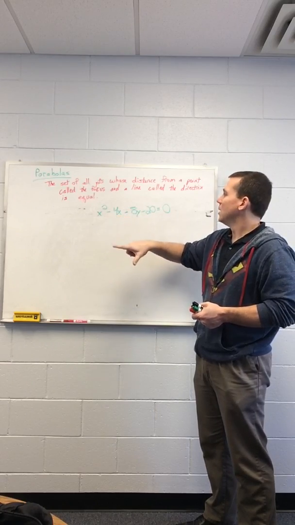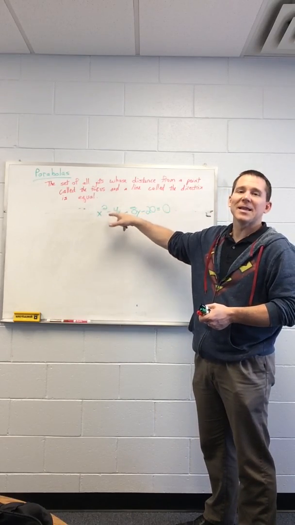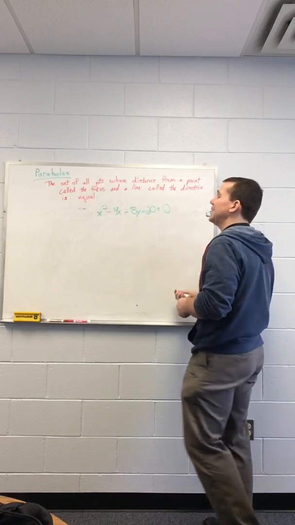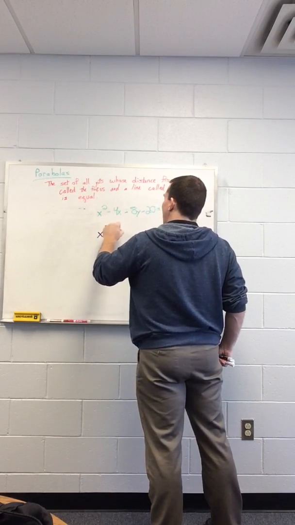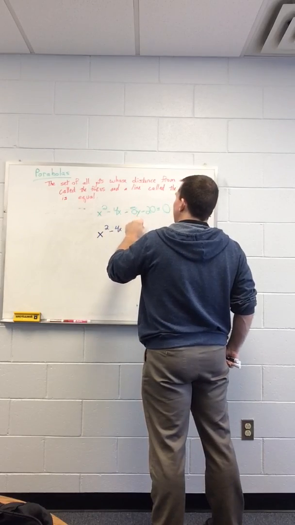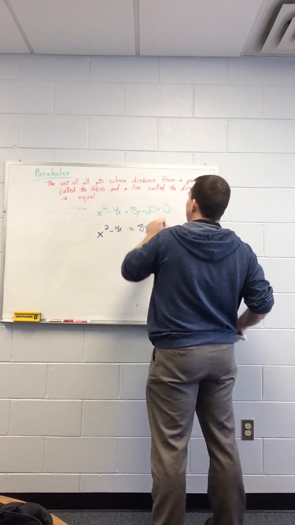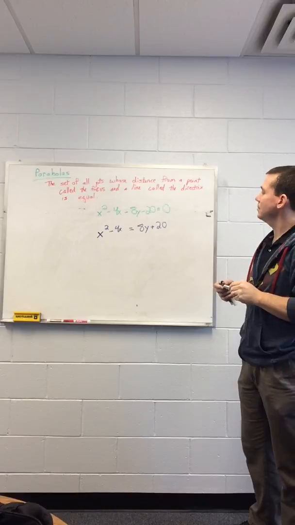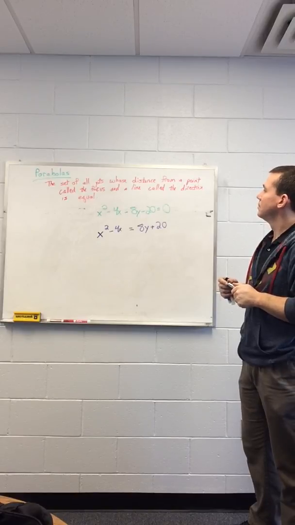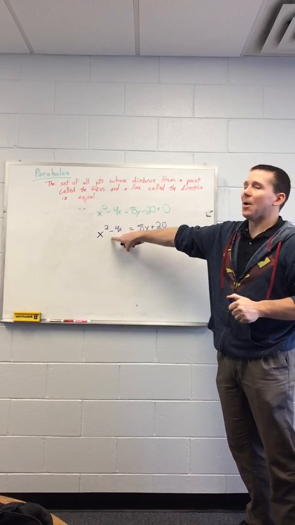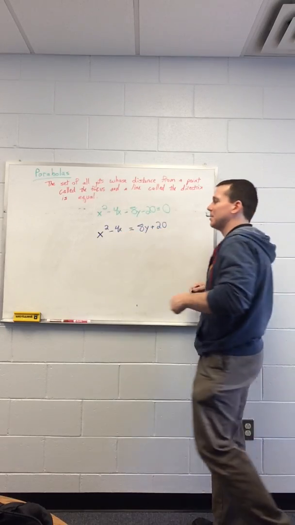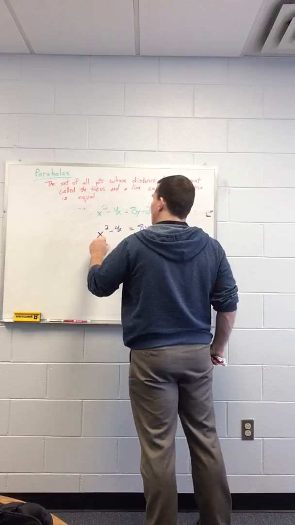So what do we do? Whatever one is squared, we want to isolate that. So bring all the x terms to one side, everything else to the other side. So we get x squared minus 4x equals 8y plus 20. Well, let's see. Now what do I do? Well, I want to write this as a complete square, so I'm going to complete the square really quickly. All of you know how to do this.